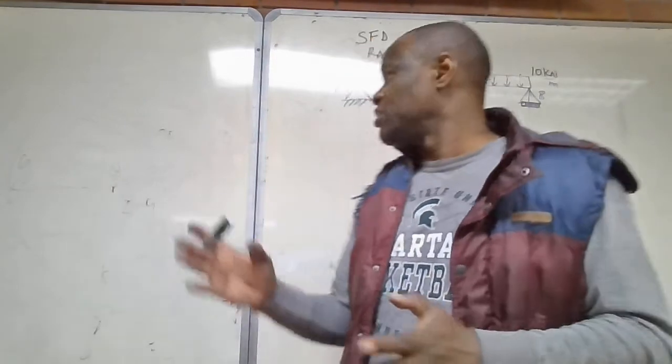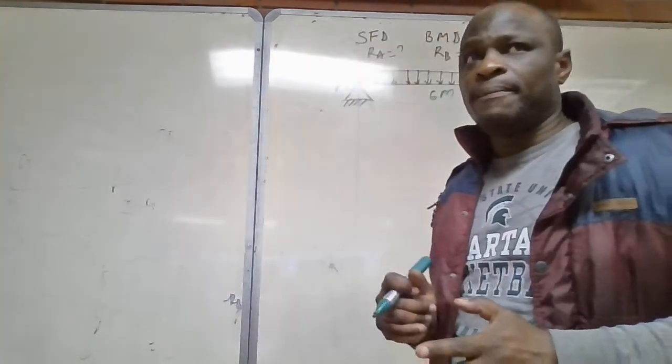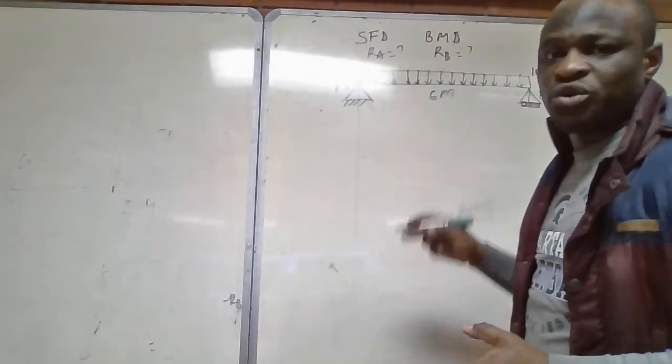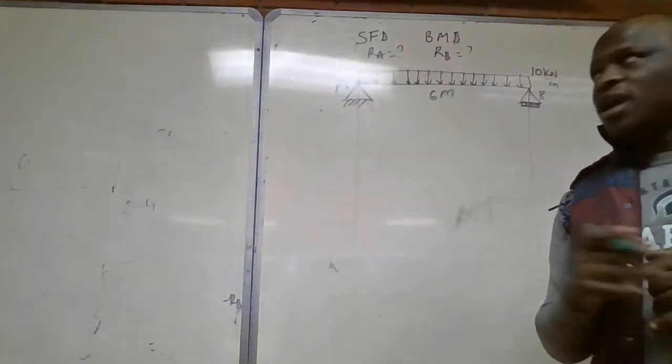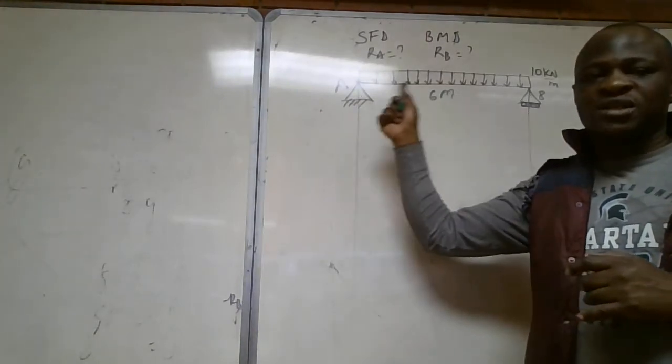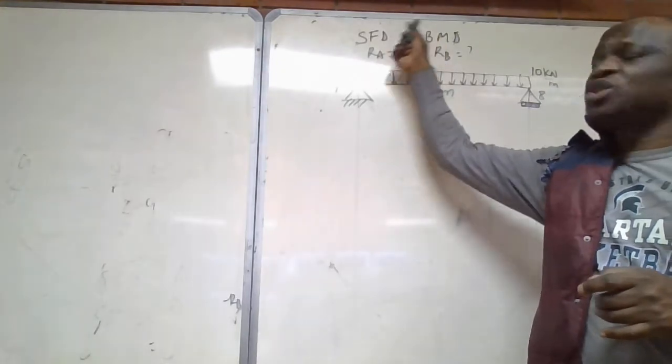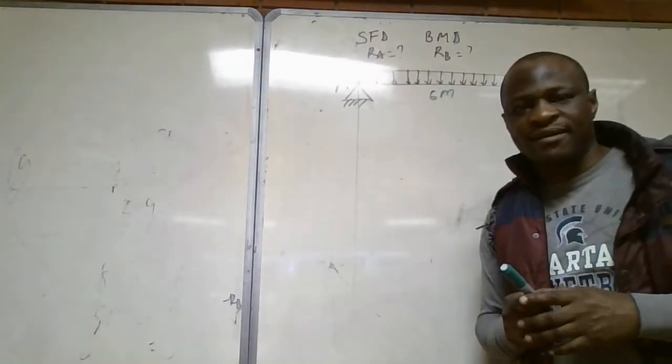Now, this is the question that is given: a UDL of 10 kilonewtons per meter on a beam that is simply supported, and we are requested to draw the shear force and bending moment diagrams.